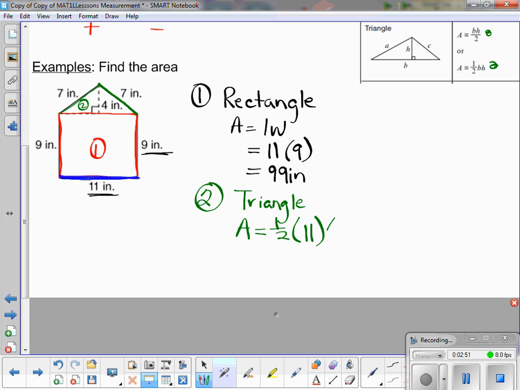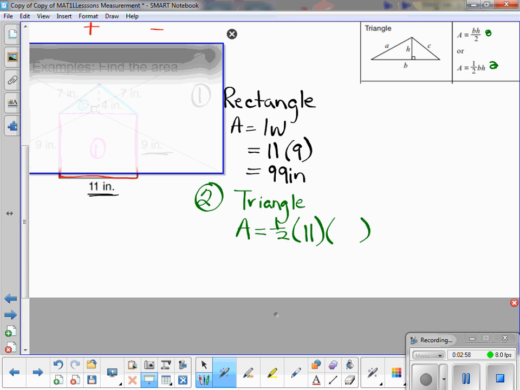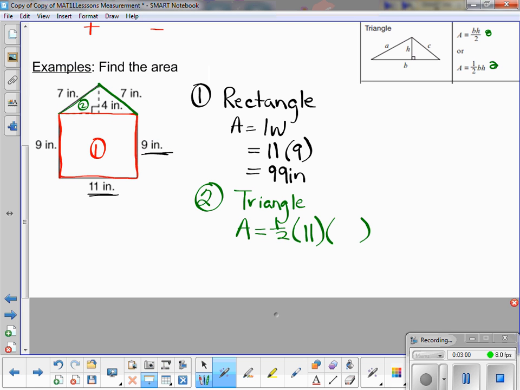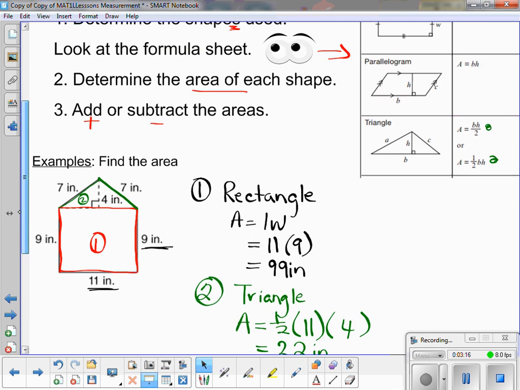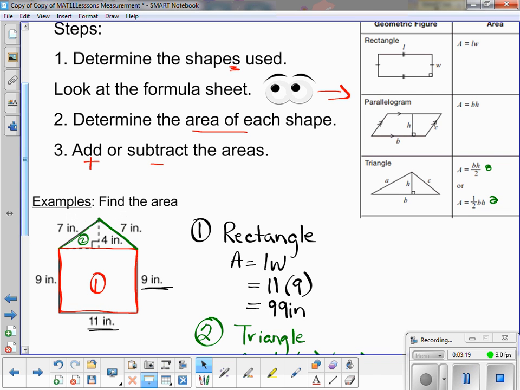And the height, remember, it has to be that perpendicular height. So I'm looking for that right angle. There it is. And I didn't want it to be that. So I can see this height here is 4 inches. Now I substitute 4 in here. I take my calculator or I do it in my head, either way, and I end up with 22 inches. Now I'm not quite done because if I look at step number 3, it says add or subtract the areas.